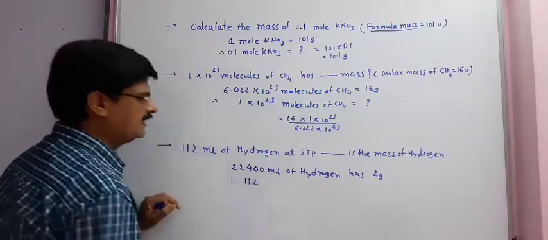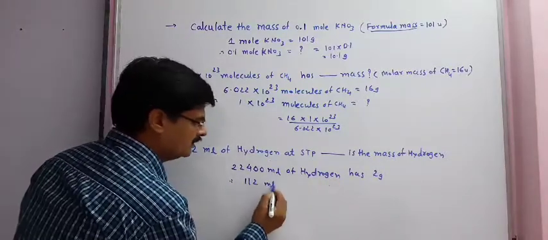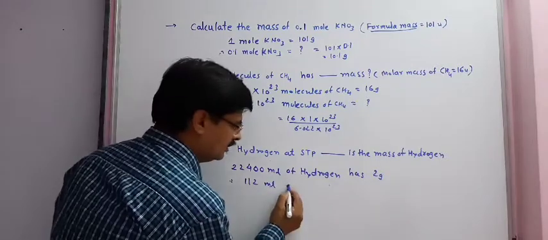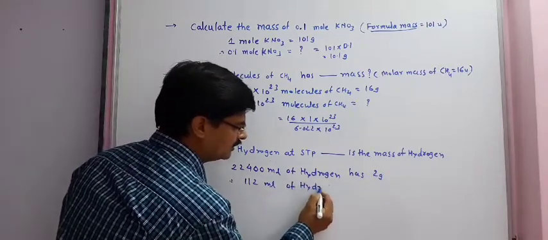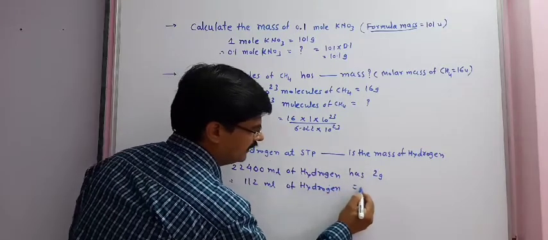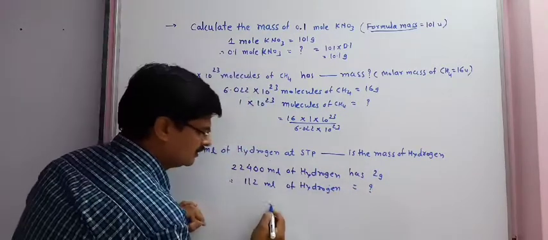But it is given only 112 ml. So 112 ml of hydrogen is equal to what mass?